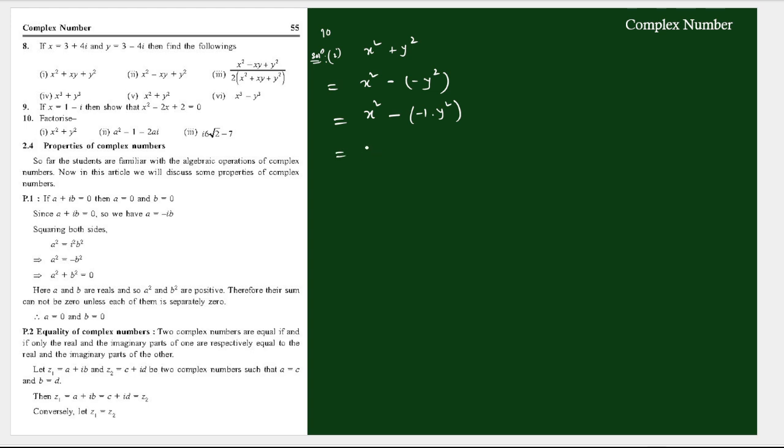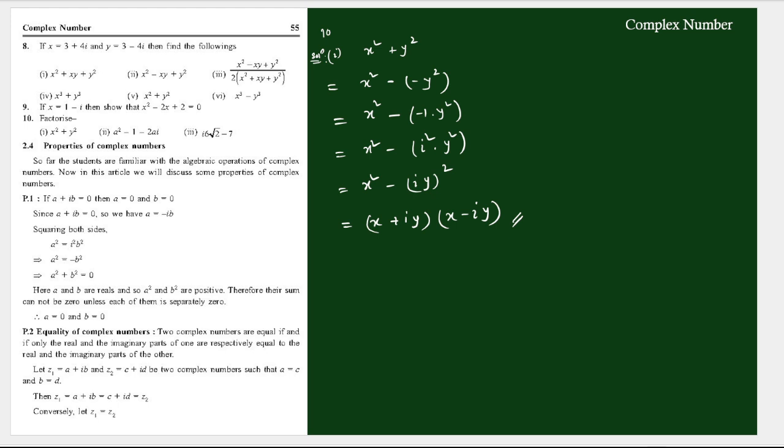Okay, x square minus 1 is nothing but your I square y square. So we can write down IY whole square, है ना. So now this is nothing but your a square minus y square, a square minus b square. So a plus b into a minus b. This is step number 1.